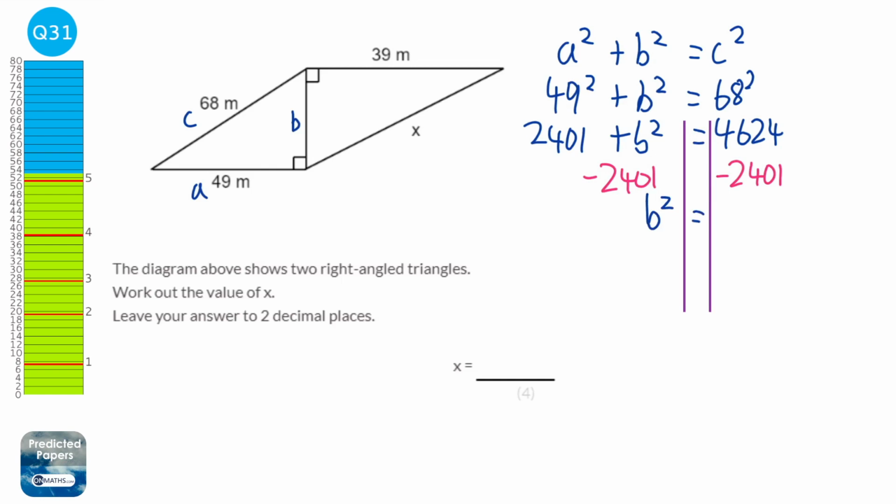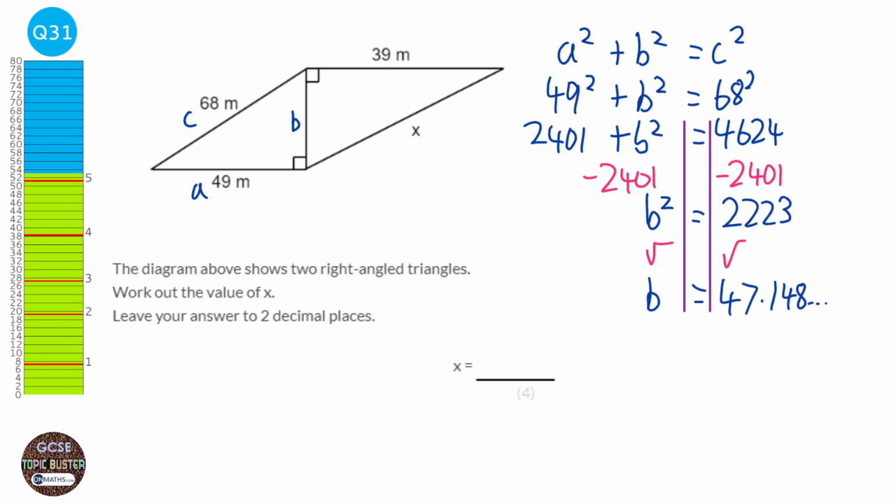So we've got b squared equals 2,223. Then we're going to square root both sides, and we've got b equal to 47.148, blah blah blah. Okay, we're now looking at the second diagram, and this time we're going to have a, we've got our b, and we're going to call x the c.